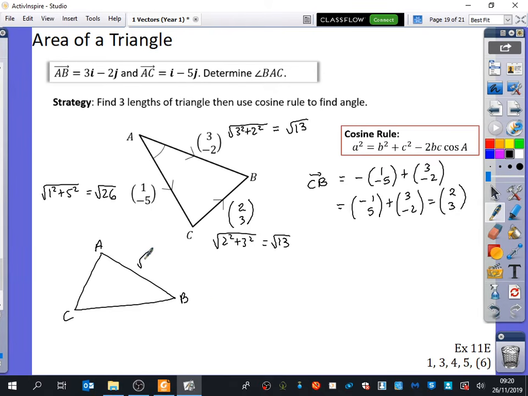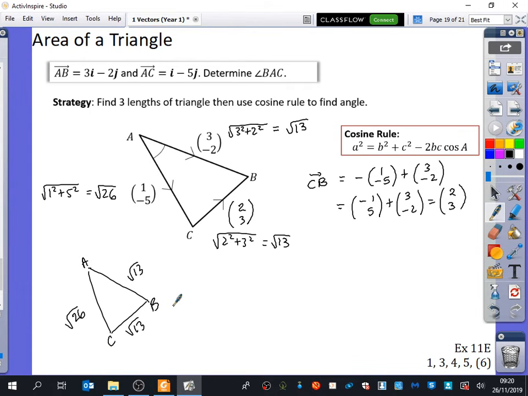We've said this side is root 13. BC, maybe I should have drawn it like the other one just to make it match. A bit easier to see what we're doing. That one is root 13, that one is root 13, and that one is root 26. That's A, C, and B.